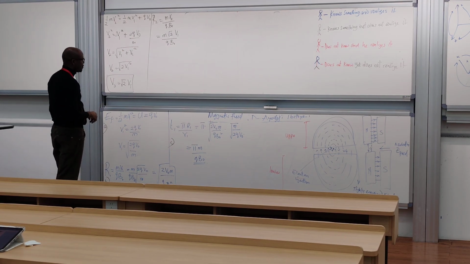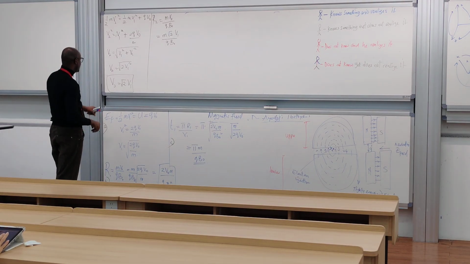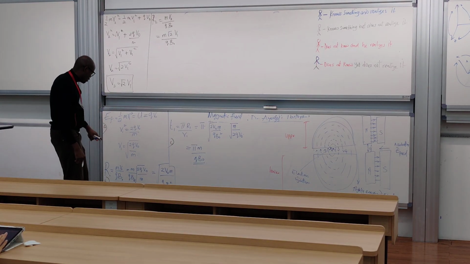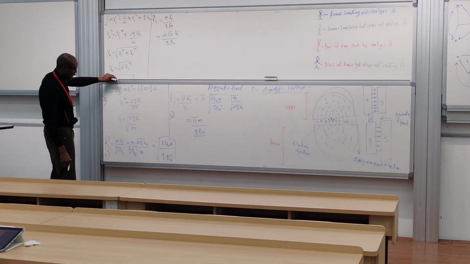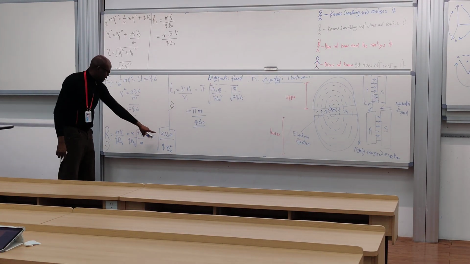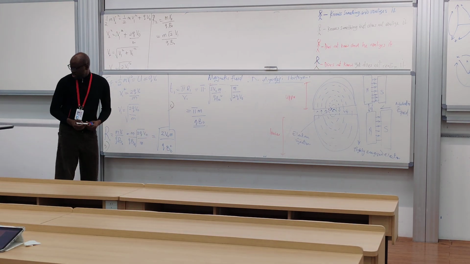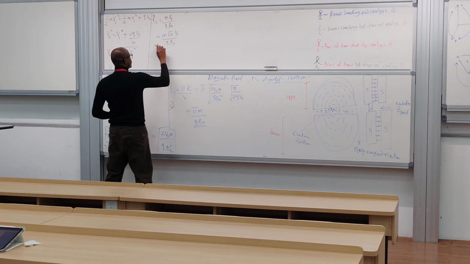Right? Yeah, this is root. This is no. Sorry, don't get it wrong. What is R? This is R, right? So the expression is wrong.